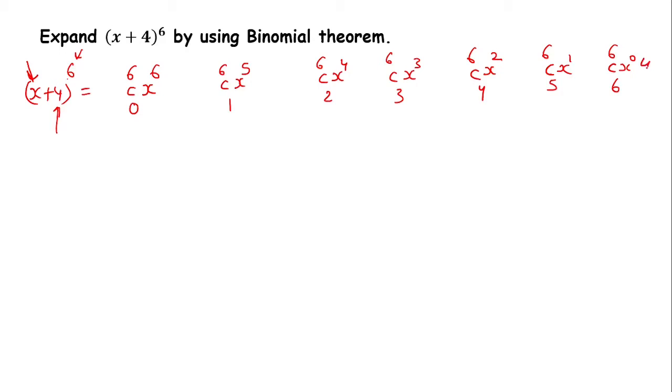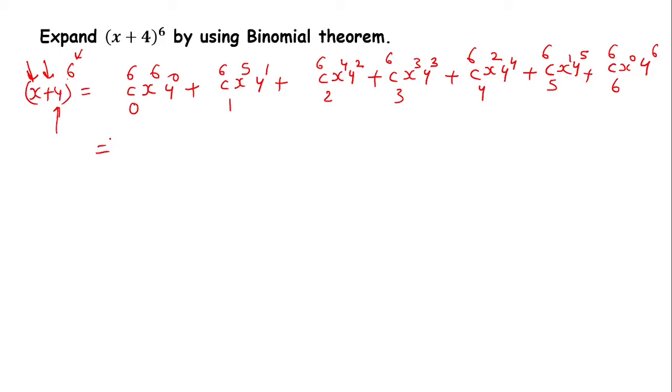So start from the end: 4 power 6, 4 power 5, 4 power 4, 4 cubed, 4 squared, 4 power 1, 4 power 0. Now because the sign between them is positive, all the terms will be positive.